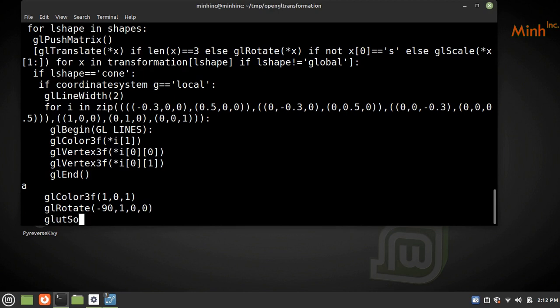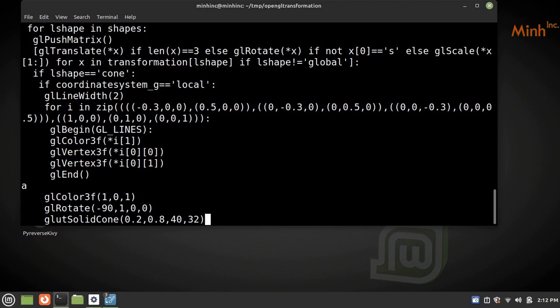Then glutSolidCone, and that is 0.2, 0.8, height is big, and 40 and 32. Okay, so this is the code. I think I am done.